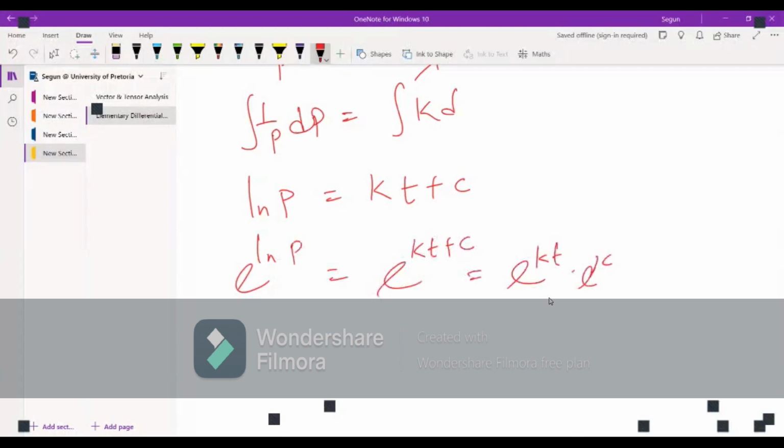So in this case now, we have P equals C exponential kt. It simply means that P of t is equal to C exponential kt anytime, any day.